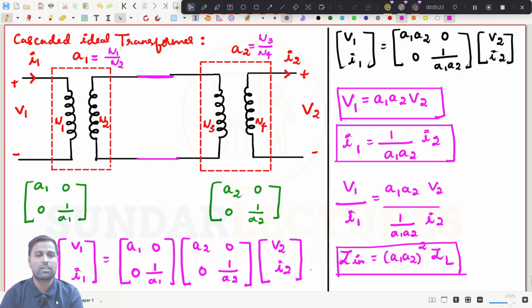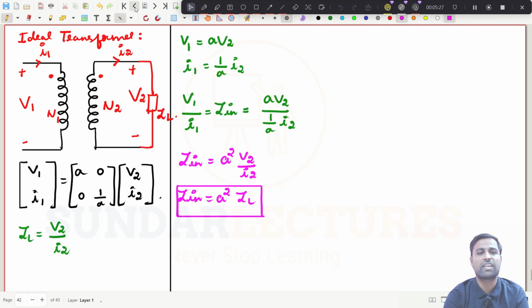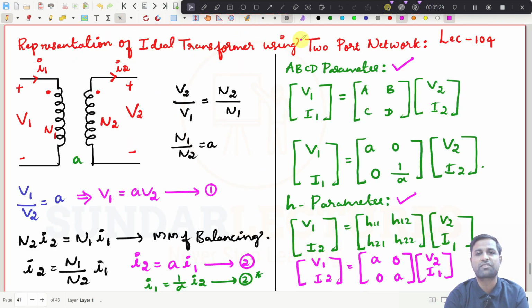We will take a numerical problem in the next class and try to solve those kinds of things. So what are all the topics we have seen in this particular class? We started with the representation of an ideal transformer using a two-port network. We took an ideal transformer and wrote the transformation ratio N1 by N2 and the MMF balancing equation, and we wrote V1 and I2 with respect to ABCD parameters.